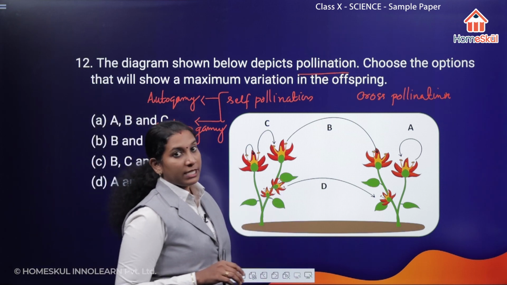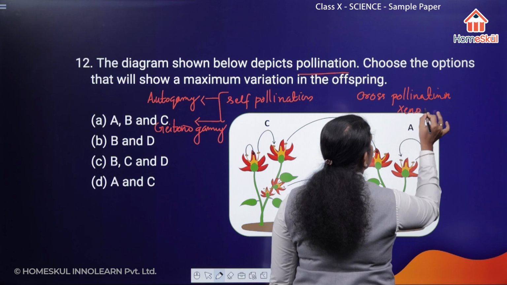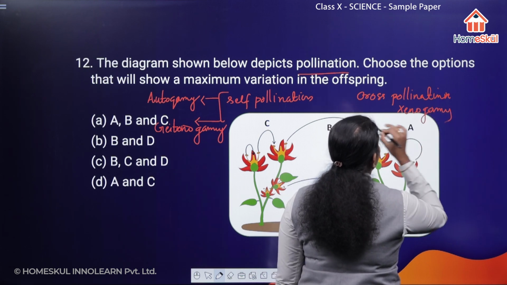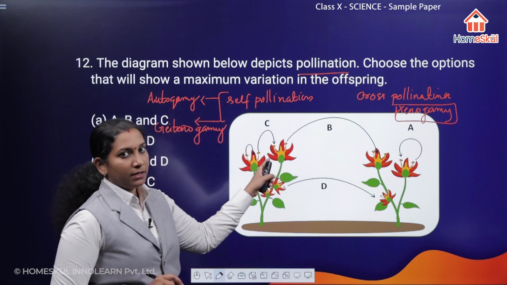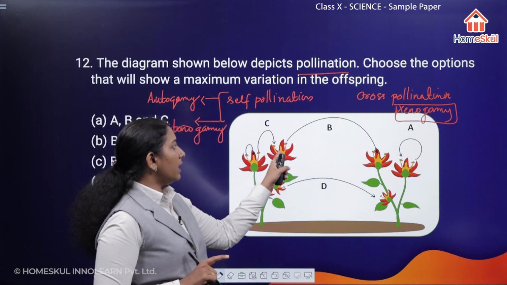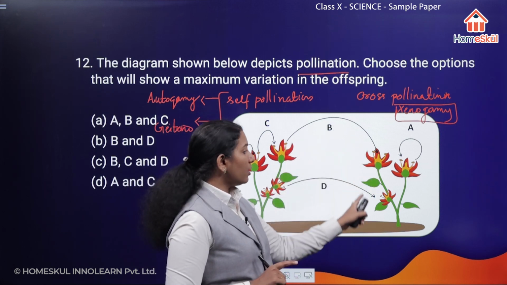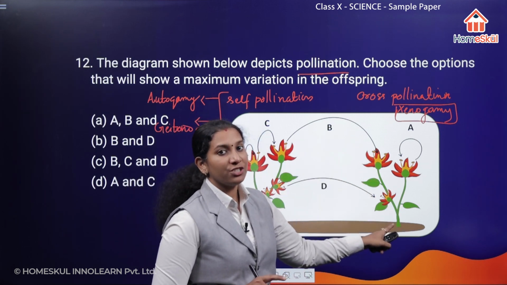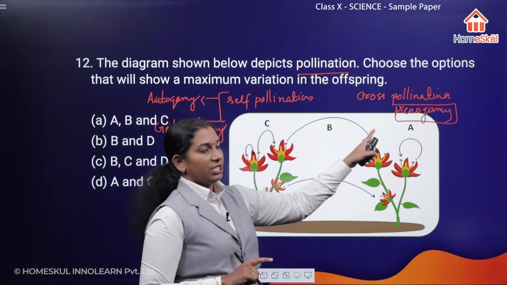But in cross-pollination, you can use another term, that is xenogamy. That means the pollen grains from the anther of one flower will be deposited on the stigma of another flower of a different plant or a different species. So two plants are involved in this cross-pollination or xenogamy.